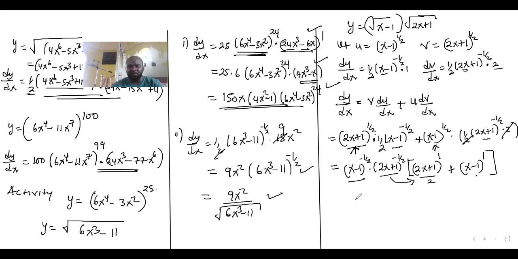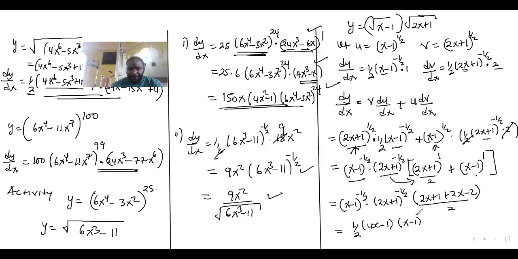So I can finalize the solution and say, this is going to be x minus 1 power negative a half times 2x plus 1 power negative a half into brackets 2x plus 1 plus 2x minus 2 all divided by 2. So finally the answer becomes a half, open brackets, 4x minus 1, close brackets, open brackets, x minus 1 power negative a half, 2x plus 1 power negative a half.